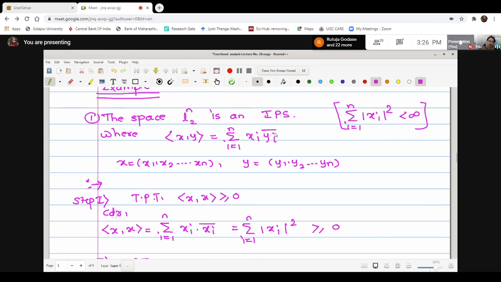This is today's homework. If you remove the bar, that is, write simply xi yi, will it be an inner product? That is an example to check. If we remove that bar, this gives us the ordinary dot product of the two vectors.